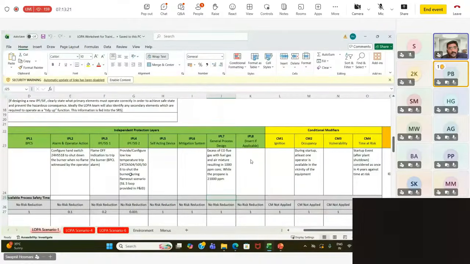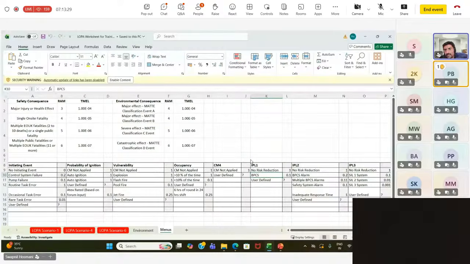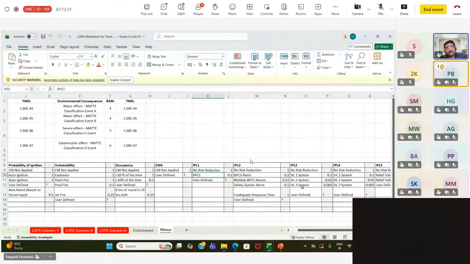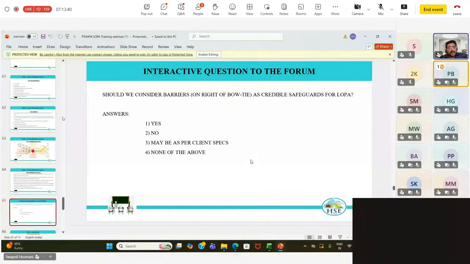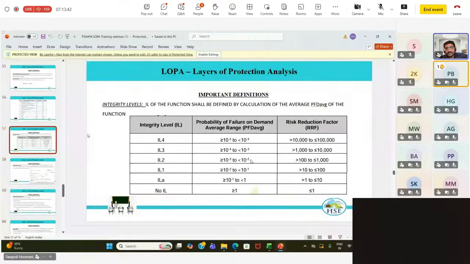Okay. Now, since it is SIL 3, I hope they have provided SIL 3. Yeah. See, when it is SIL 3, this is what they consider 0.001, and essentially it is 10 raised to minus 3, meaning SIL 3 only. When you say SIL 3, even as per our definitions, it is between 1000 and 10,000.